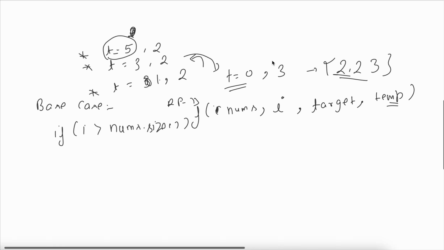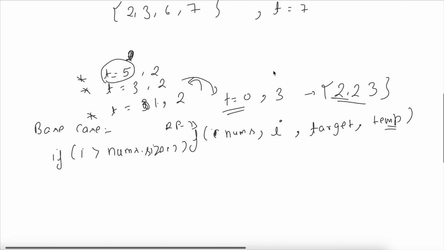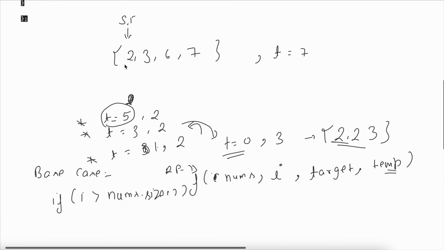I have chosen the first number, I have chosen the second number. Let's say my target is 100. I am choosing 2, then 3, it would be 5, then 6, it would be 11, then 18. The total is 18 and my target is 100. Still I haven't reached the target.